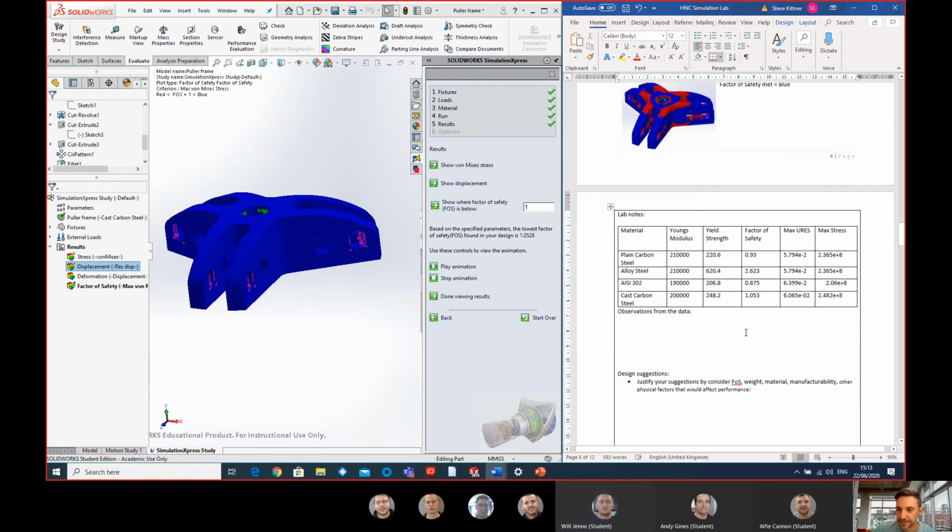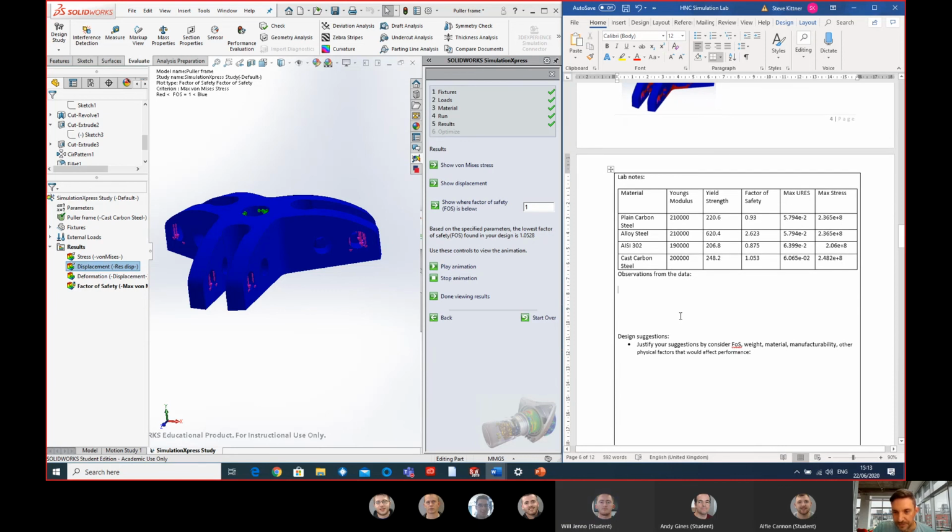Okay, so there's our bit of data. So quite clearly that alloy steel with its high yield strength is giving us the strongest part. And none of the others are actually meeting our factor of safety.